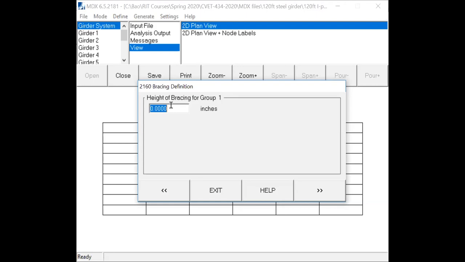So I will put 46 inches, because I use 50 inches minus 2 inches on top, minus 2 inches on the bottom, so we get 46.